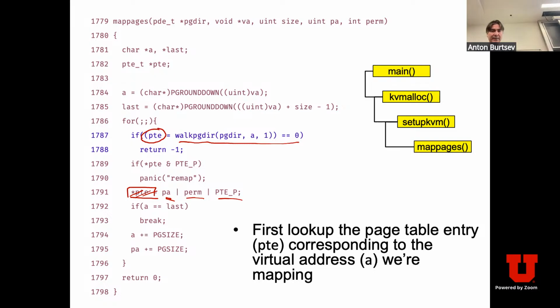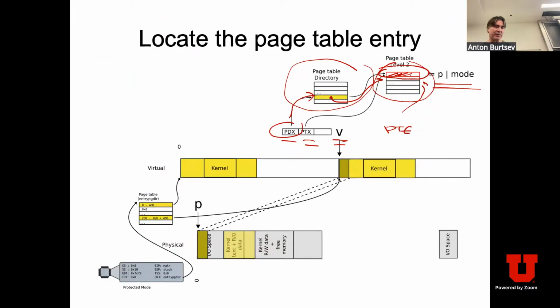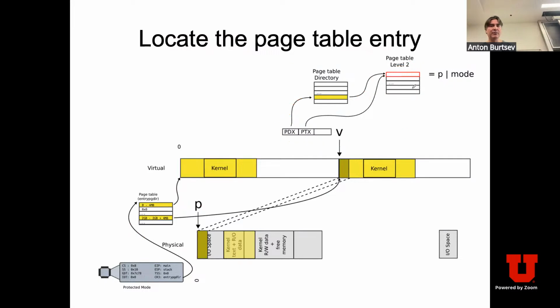So on my figure here, if I erase everything, PTE will be pointing exactly here, right? And if you dereference this pointer, you can access PTE_P and other flags, right? Make sense? So walkpgdir starts with the page table and with the address, walks it and locates this entry for you. Make sense? Let's take a look at how it's done.